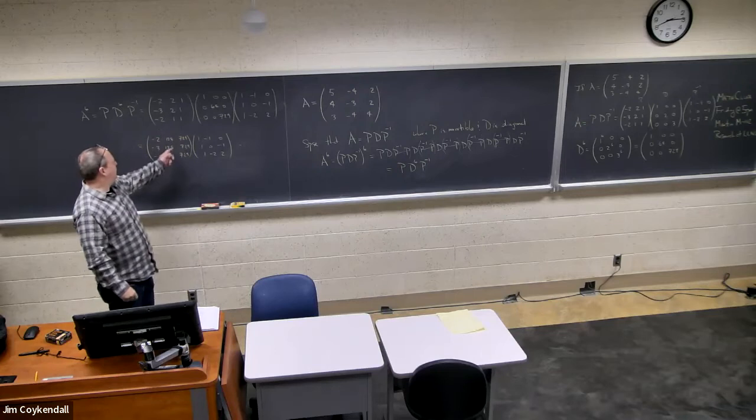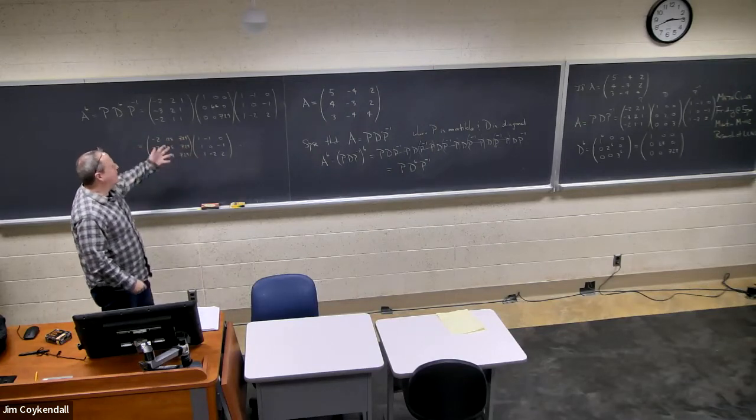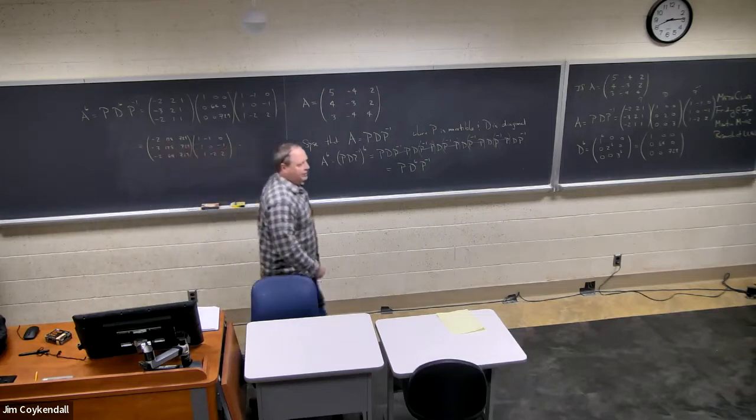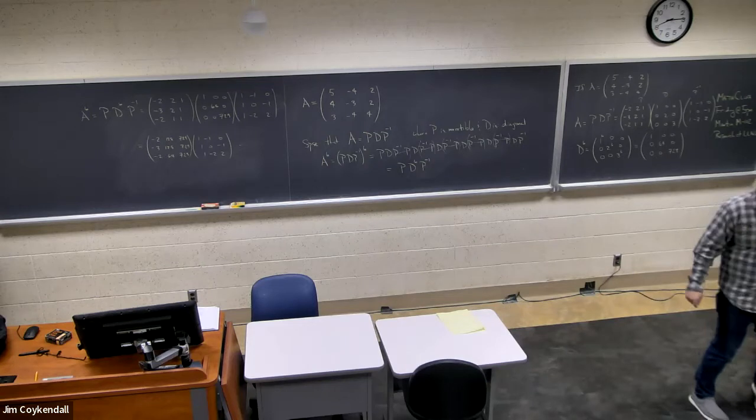And you can do the rest of this, but it's basically easy. I mean, multiplying this by this means just add this row up, etc. And it's much easier than doing computations with the 6th power first.